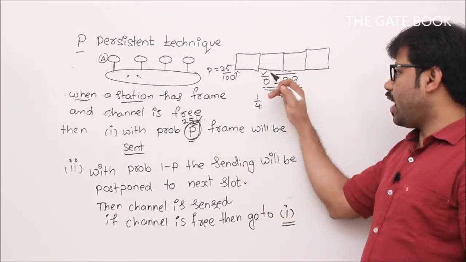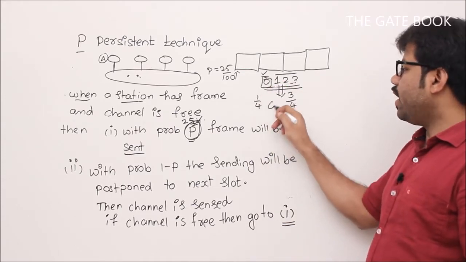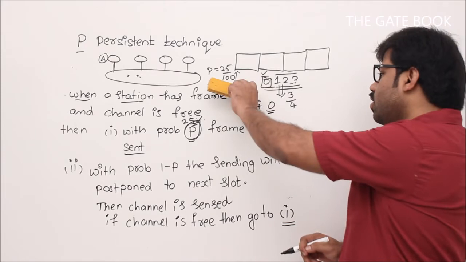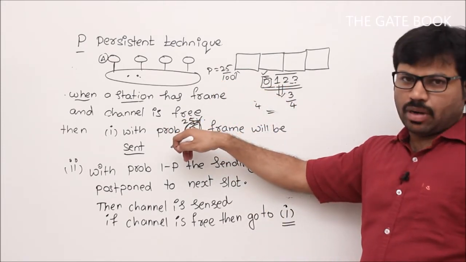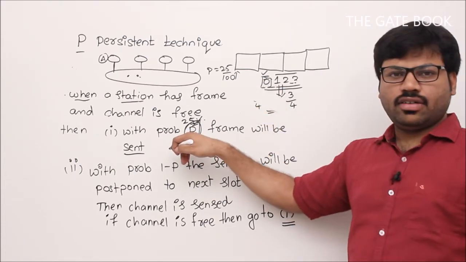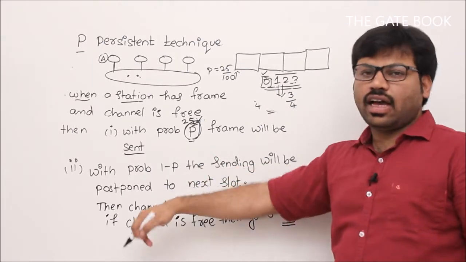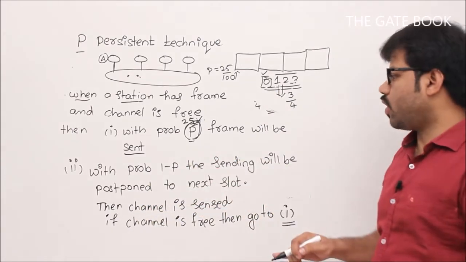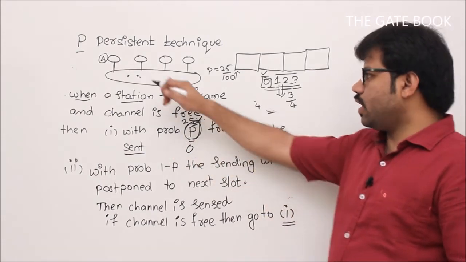Let's say whenever the random number is generated, it got 0. If it gets 0, that is a 25% chance. So it is now the success probability, correct? Then immediately, when 0 comes, it is going to send. And if 1 or 2 or 3 is generated, then it is going to take the other decision. We will see that also. Okay. Now, whenever 0 comes, your station is going to send the frame.